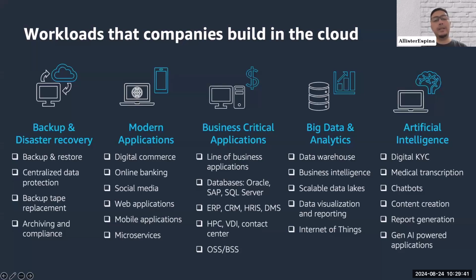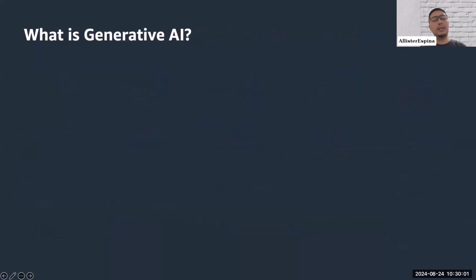So it simplifies and streamlines the process. Then there are a lot of examples like chatbots and even Gen AI. If you hear generative AI, it's very hyped nowadays. Those are some of the workloads that customers are building on cloud. Talking about Gen AI, let me talk a bit about Gen AI.